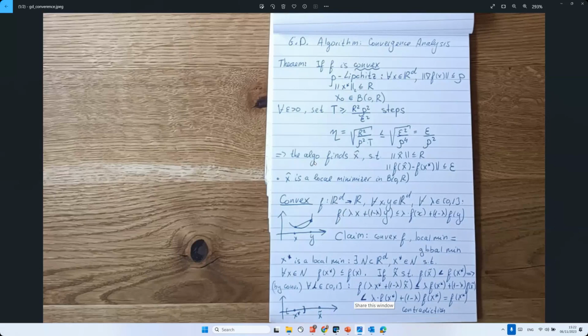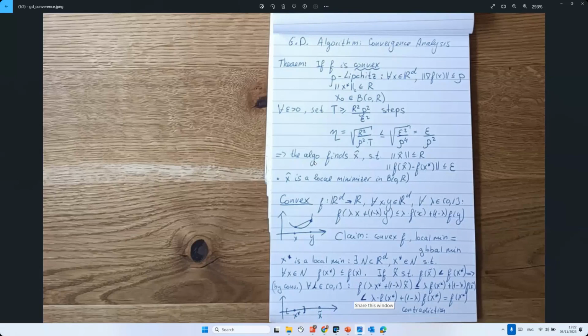Okay. In the formal definition, generalizing into d dimensions, the function f from d dimensions to real numbers is convex if for any two points x and y in d dimensions, and for any scalar lambda from 0 to 1.